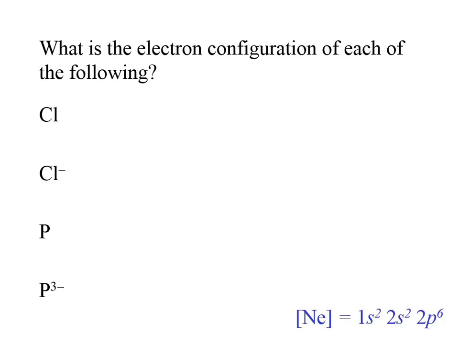So this is what chlorine looks like. It has that block of 10 electrons for neon, and then beyond that, it has 3s2, 3p5. So the halogens, that's 7A, where chlorine is, pick up 1 electron.